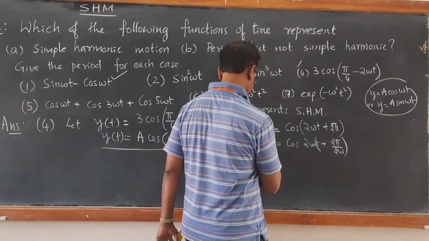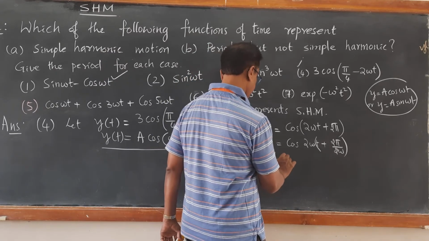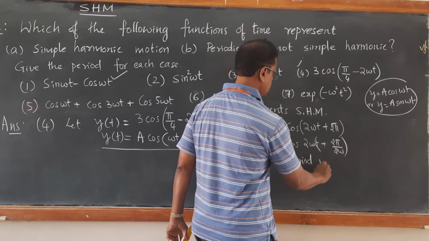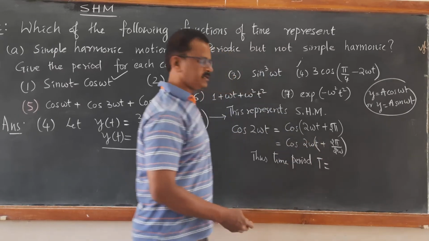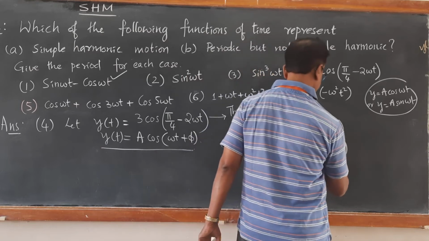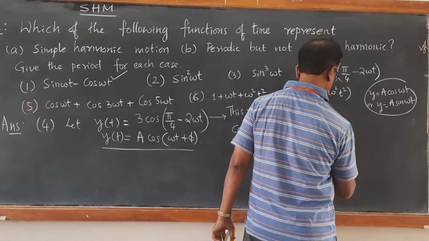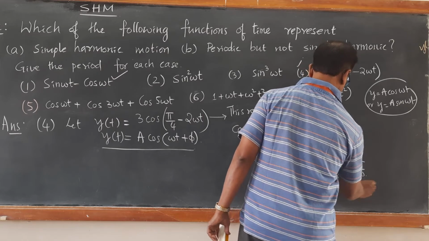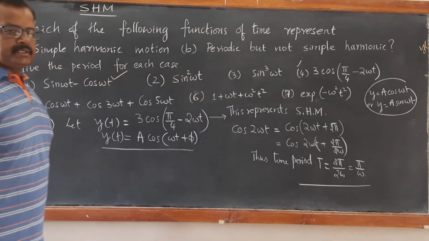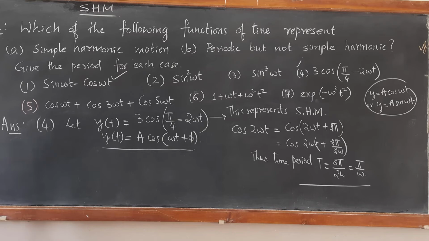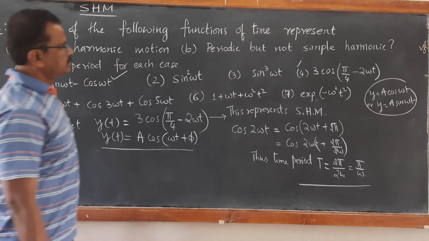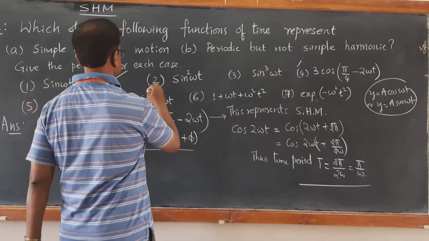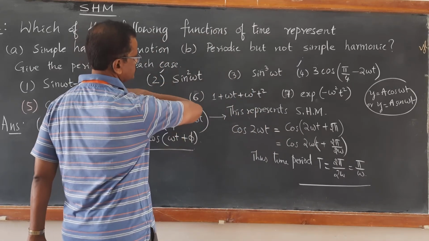Thus, the time period T of this oscillation is 2 pi by 2 omega, that is pi by omega. Double function. Right? So this is also representing SHM.